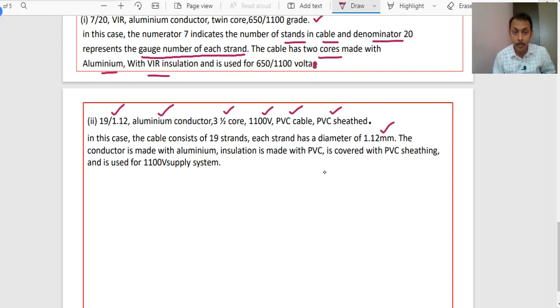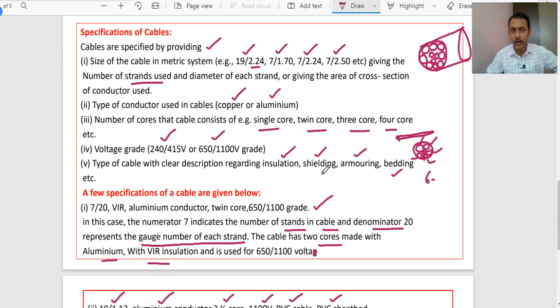And the conductor is made of aluminum, the insulation is made with polyvinyl chloride PVC and is covered with PVC sheathing, and it is used for a 1100 volts supply system, right? So these are the specifications of a cable.